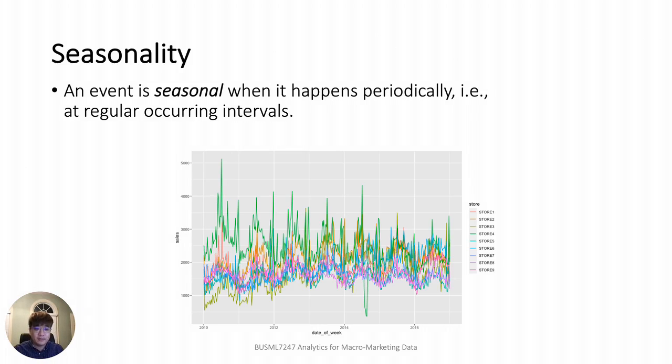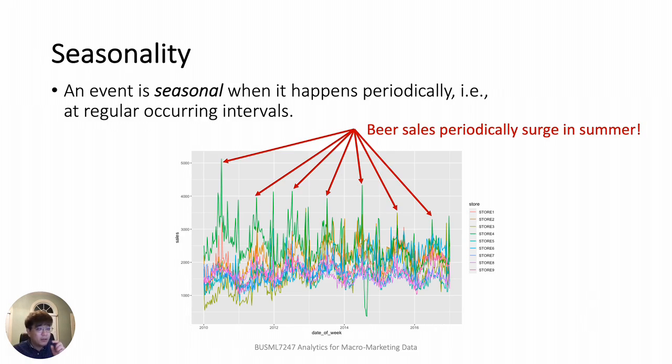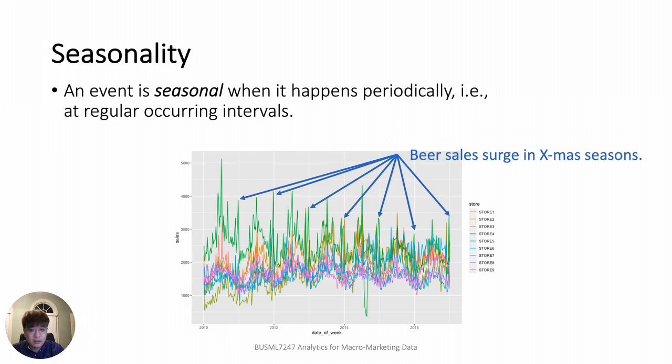There are many differences in the sales between the stores, but the overall trend is very, very similar, and several periodical events were found. In summer, beer sales periodically surge, like this point. Also, we found that beer sales surge in the Christmas season.